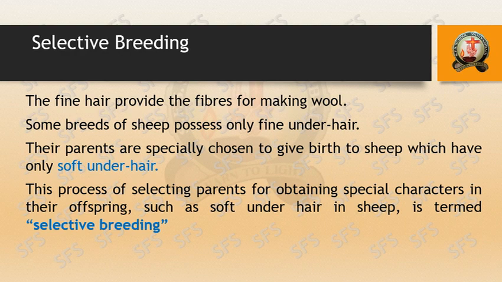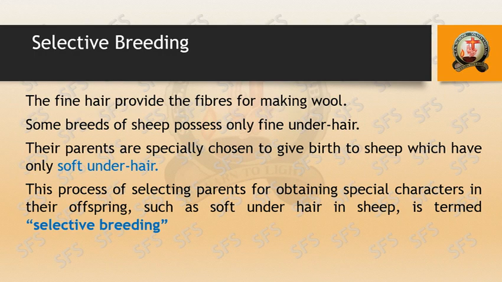So this process of selecting parents for obtaining special characters in their offspring, such as soft underhair in sheep, is termed as selective breeding. For human beings also, the characteristics of their parents will automatically come to the son. Maybe sometimes the nose will be similar to that of your mom, or the face will be similar to that of your dad, something resembling your family.